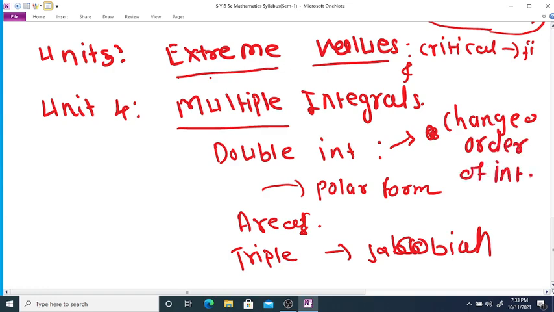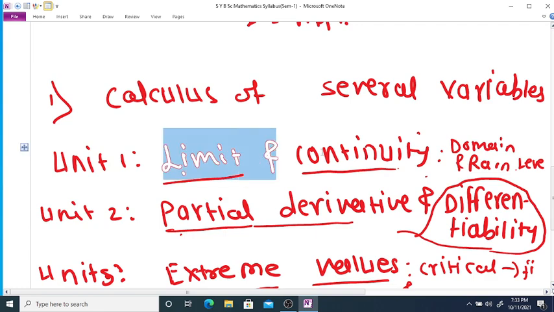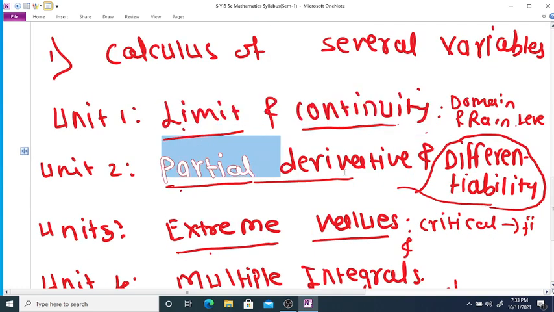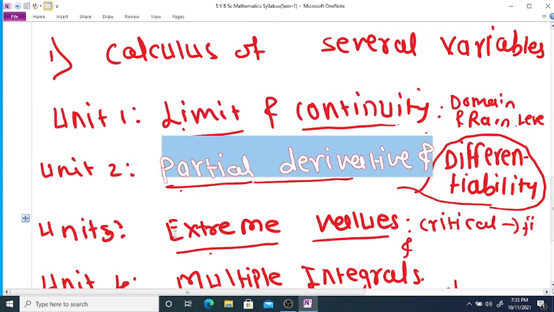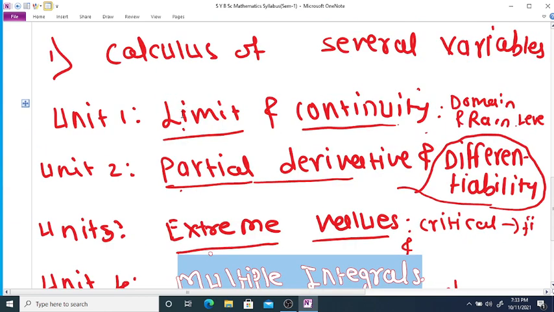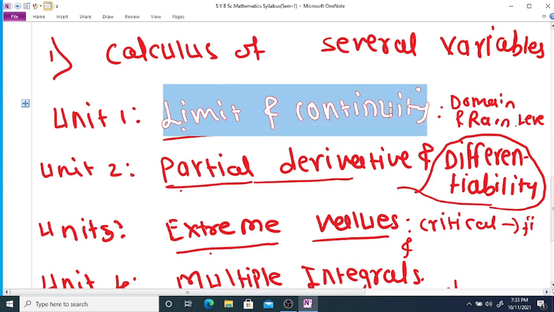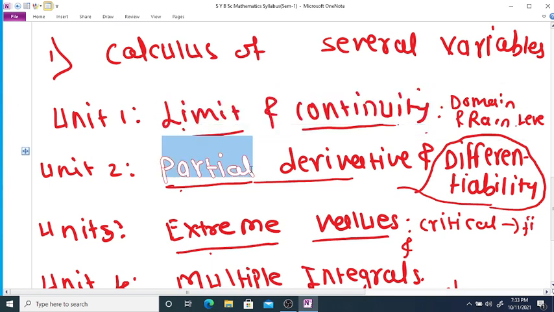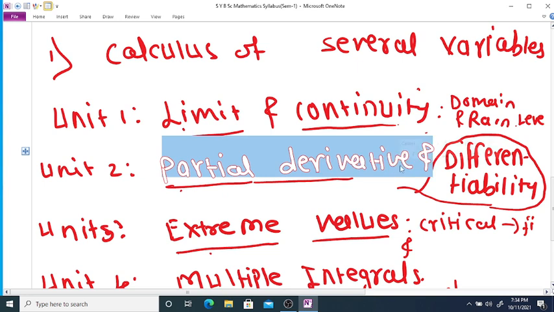So here total there are 4 units: limits and continuity, then partial derivatives and differentiability, extreme values, multiple integral. The first unit is related to limit and continuity of several variable. In second unit we are going to determine the partial derivative, higher order derivative, third order derivative, fourth order derivative, then mixed partial derivative, when mixed partial derivatives are equal.